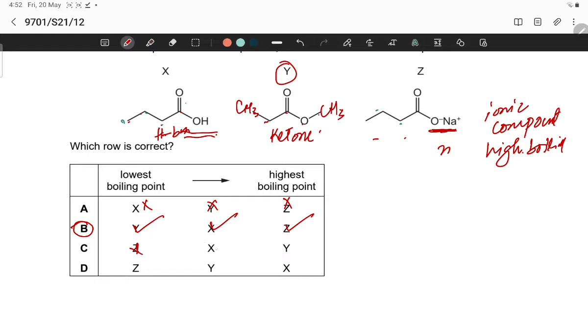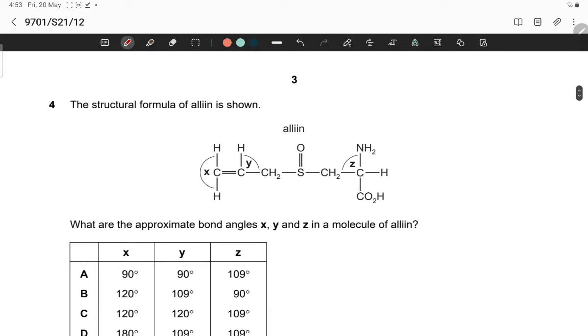X, this is incorrect. X is correct, but Y is incorrect. Y is correct, but this is incorrect. So B option is correct.